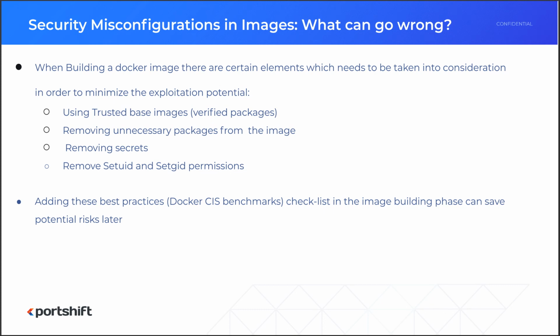So actually, there are a few things. First of all, there is the configuration of the Docker image. There is a benchmark called the CIS benchmark. We are checking every aspect of the image, looking into various things that we'll see in a moment in the demo that might be wrongly configured, and helping the users to strengthen the security posture of their images.